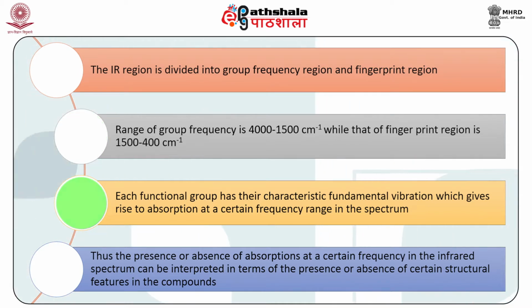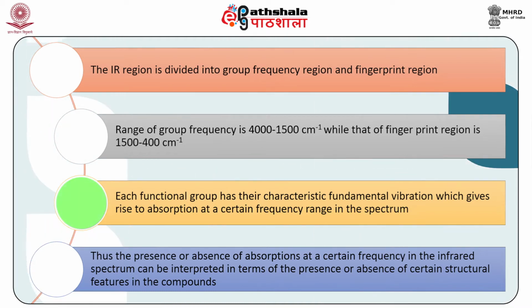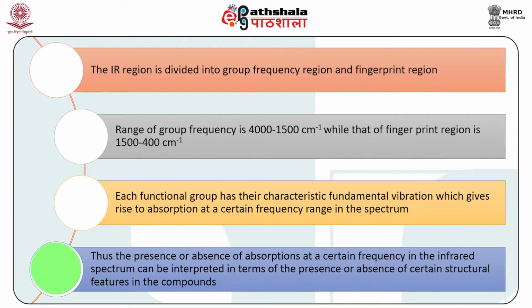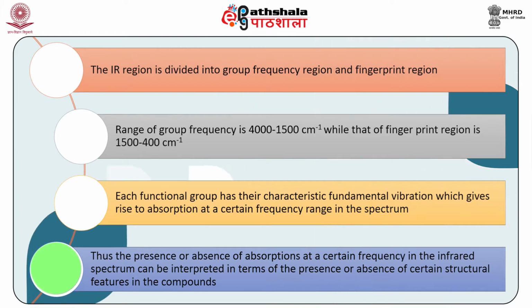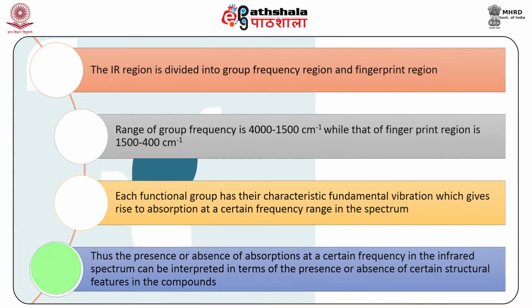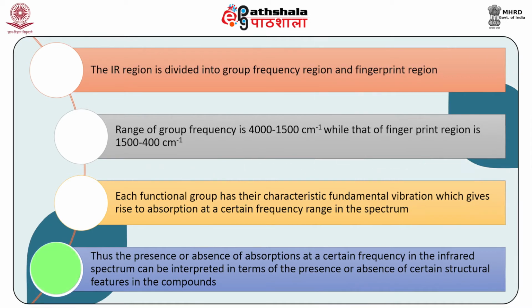Each functional group has its characteristic fundamental vibration, which gives rise to absorption at a certain frequency range in the IR spectrum. Thus, the presence or absence of absorptions at a certain frequency in the infrared spectrum can be interpreted in terms of presence or absence of that certain structural feature in the compound.